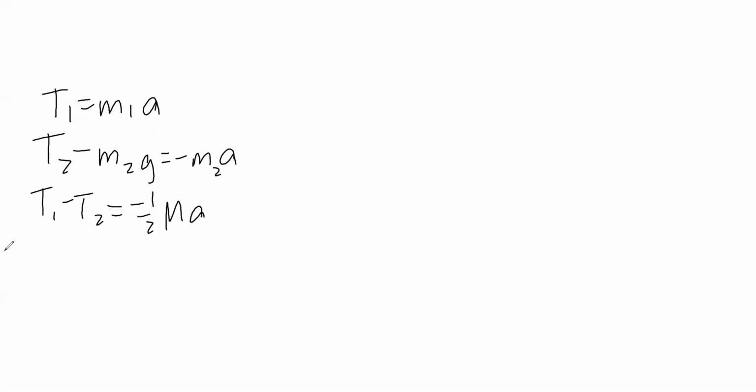So how am I going to solve this? Well, I would just solve the second one for T2 and then subtract 1 from 2. So T2 equals plus M2G minus M2A.